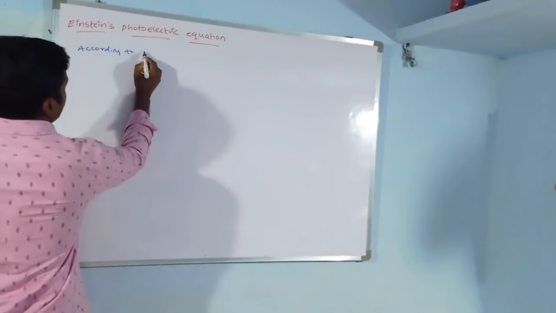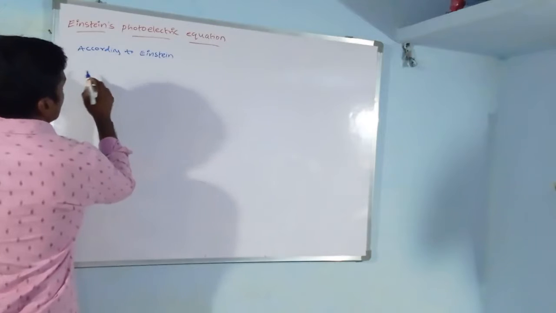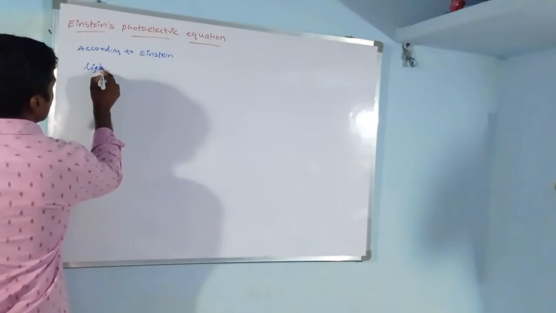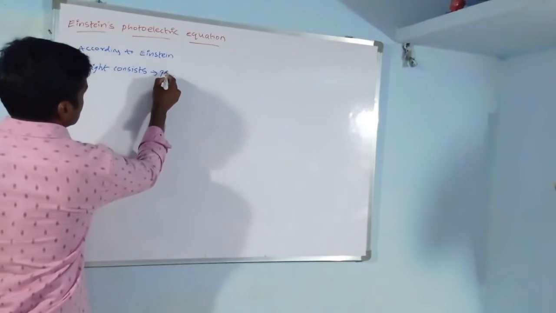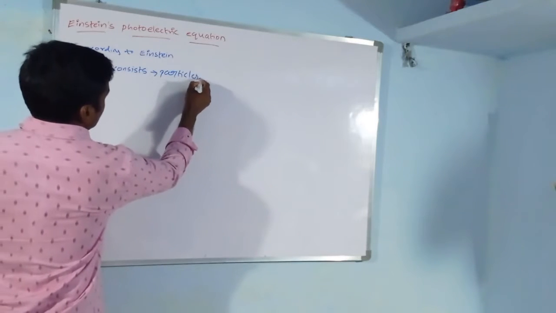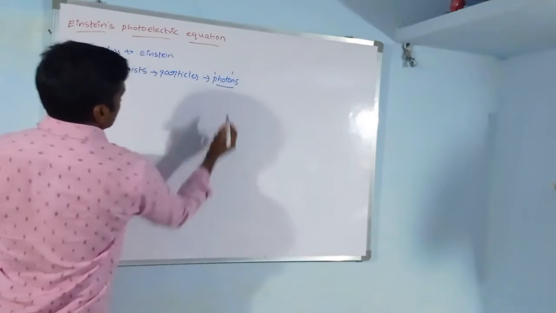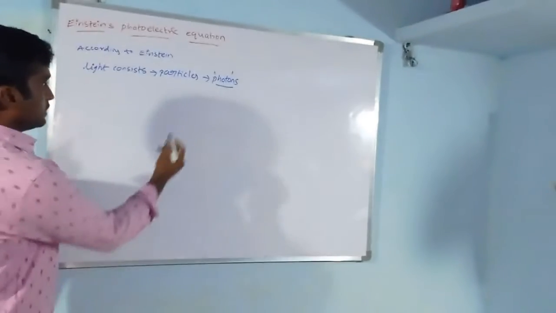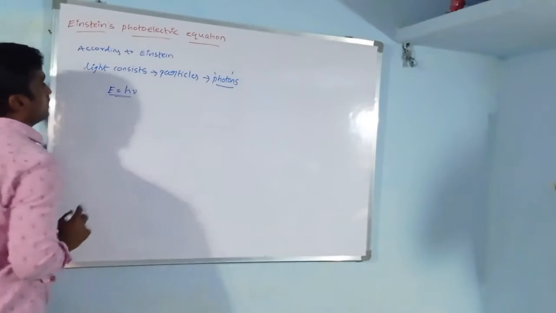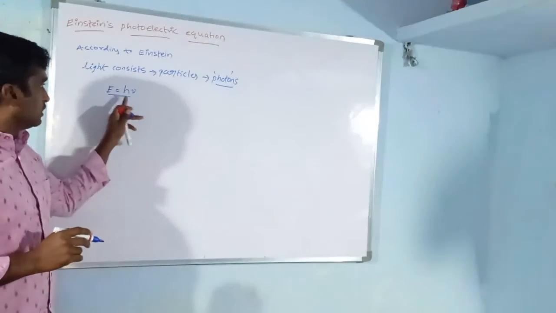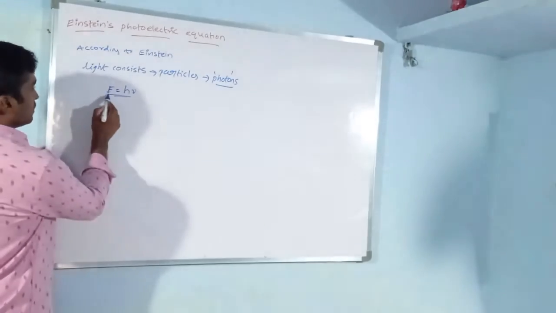According to Einstein, light consists of particles, and those particles are called photons. The energy of each photon, E, is equal to h nu, where h is Planck's constant and nu is the frequency of the incident radiation.